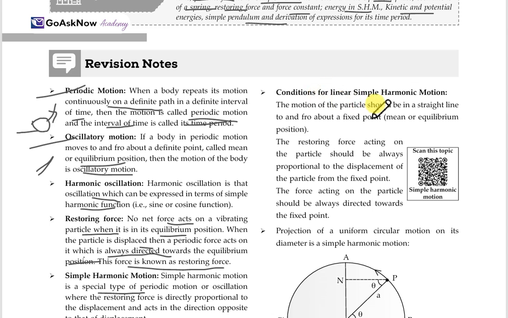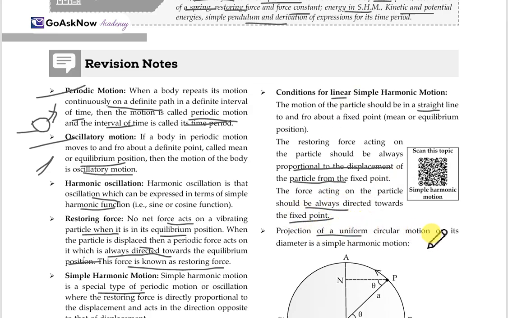The motion of the particle should be in a straight line, to and fro about the fixed point. The restoring force acting on the particle should always be proportional to the distance of the particle from the fixed point and directed towards the fixed point.